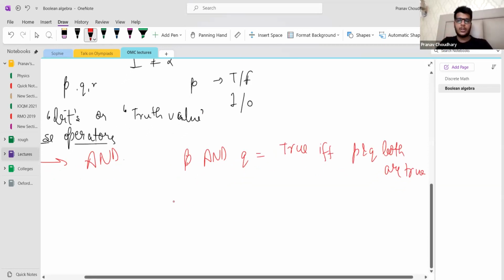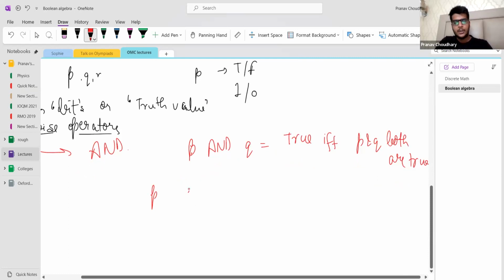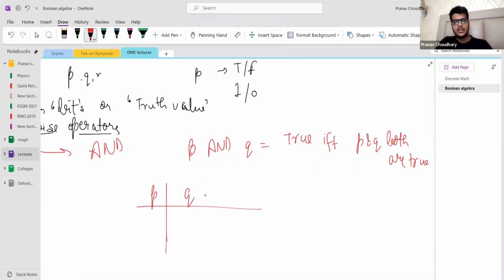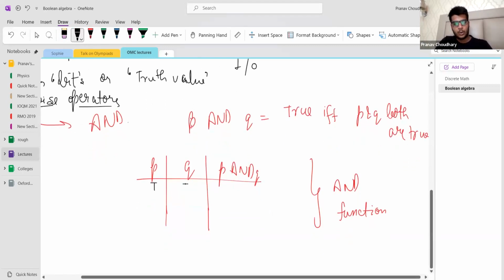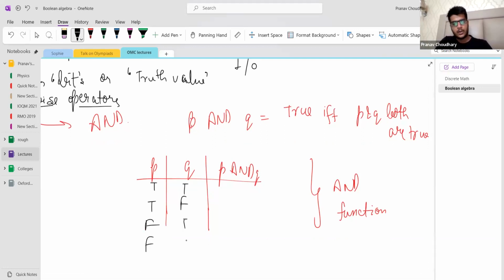If you draw a truth table, you take all the propositions and take all the possible combinations of their truth values and you see what the function gives you. So this is a truth table for the AND function. You consider all the possible combinations: true, true; true, false; false, true; false, false.